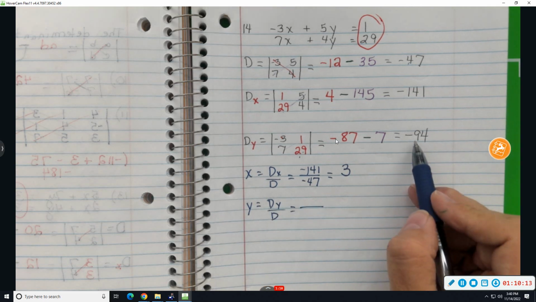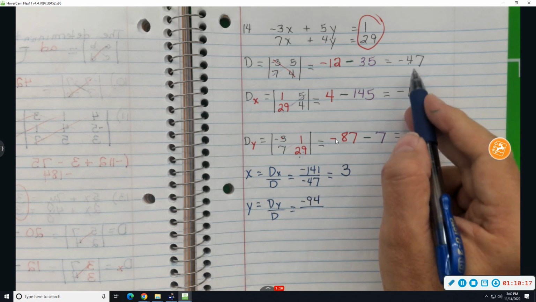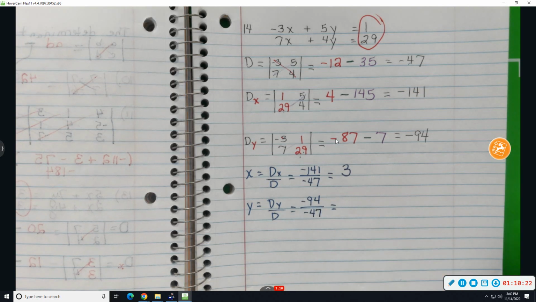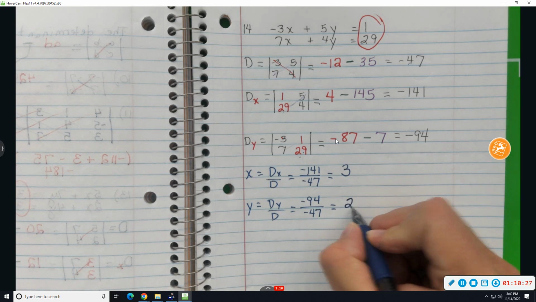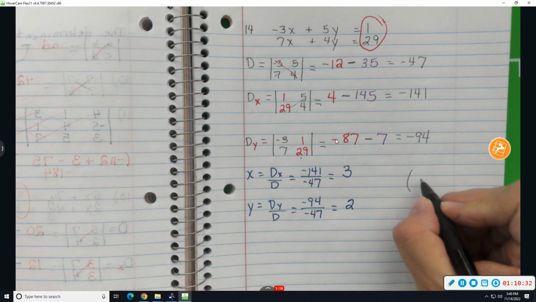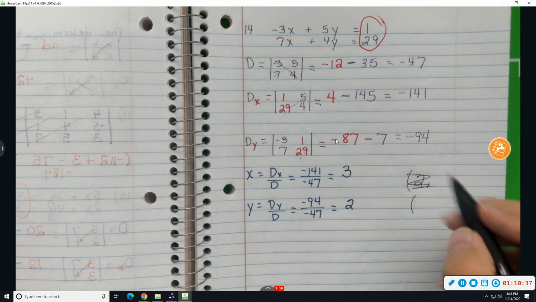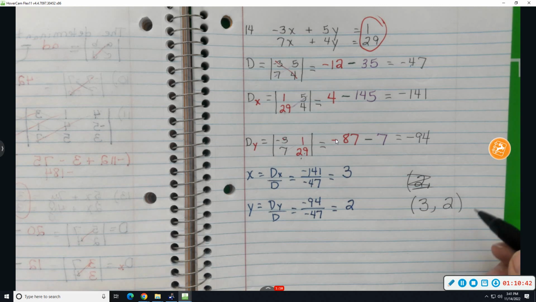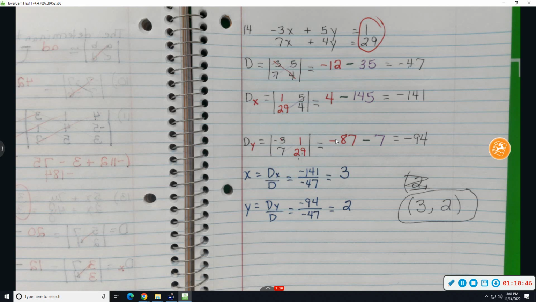So that would be a negative 94 over negative 47. Negative divided by negative is positive. 94 divided by 47, is that 2? So we have the ordered pair. Ordered pair, you always write x first. 3, 2.